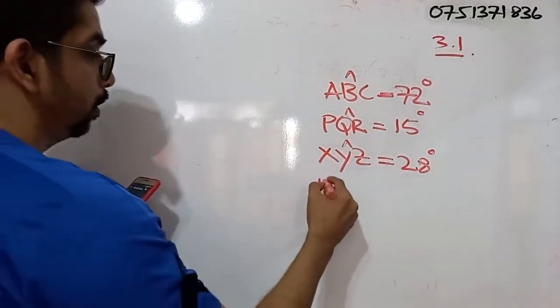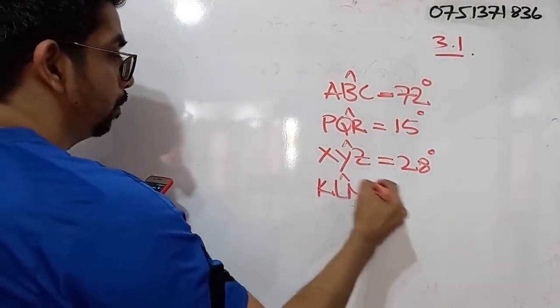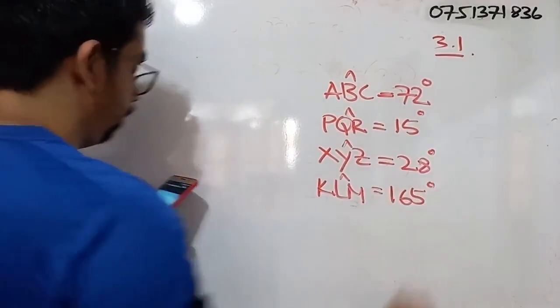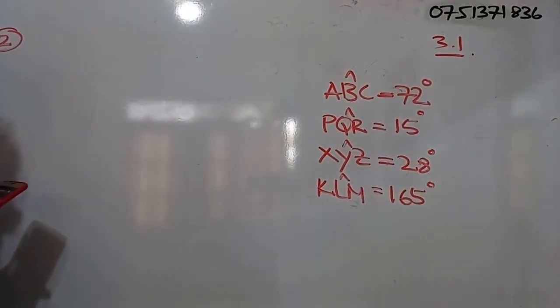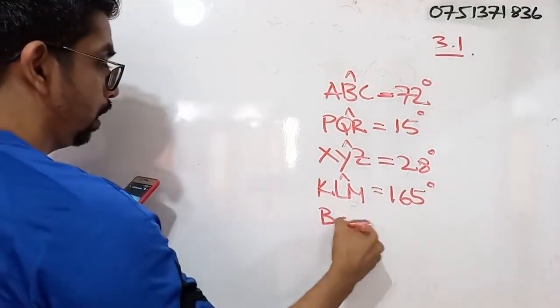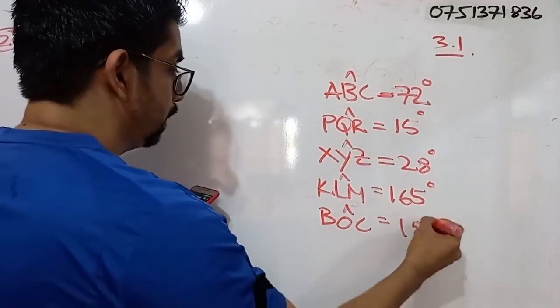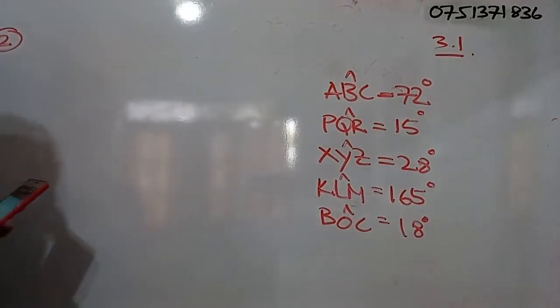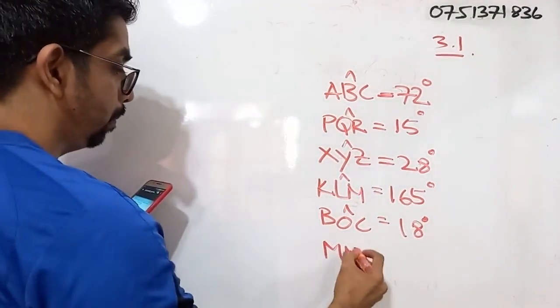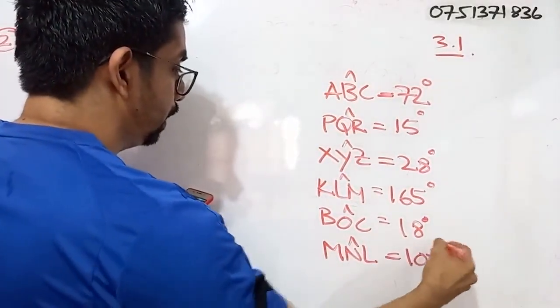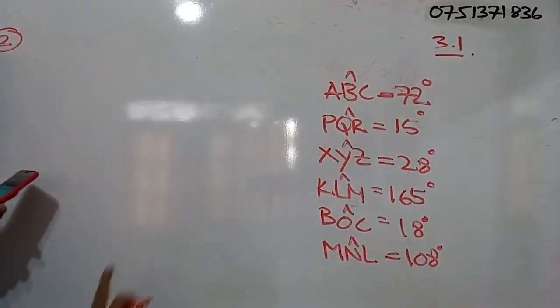KLM, that is 165 degrees. Then we have BOC, that is 18 degrees. Then also we have MNL, that is 108 degrees. So these are the given angles.